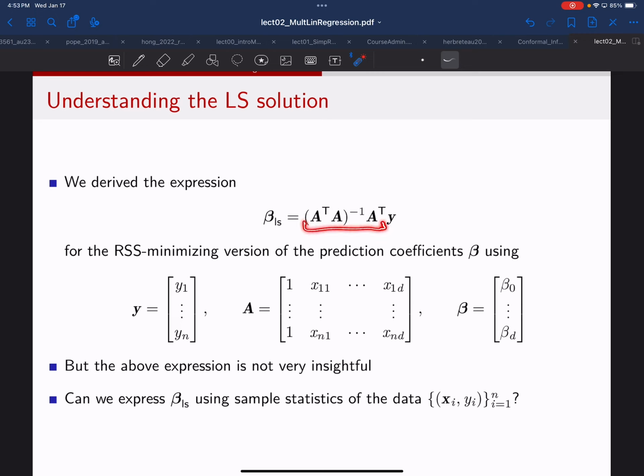And then we're doing all this complicated stuff: transposing it, multiplying it, inverting it, transposing it again. It's hard to really get a lot of intuition out of this operation, so it's not very insightful. So the question is, can we rewrite this in terms of sample statistics similar to what we did in the last unit, and maybe get a bit more meaning out of it that way? Okay, so that's what we're going to do next.